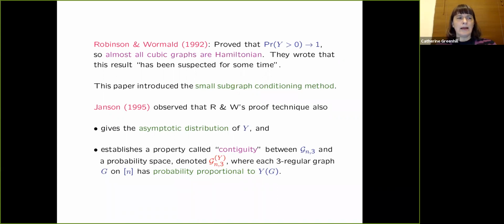It would be random 3-regular graphs on the one hand, uniformly random, the normal one. And on the other hand, 3-regular graphs where the probability that you see a graph is weighted by the number of Hamilton cycles it contains. So the probability of a particular graph is just Y(G), the number of Hamilton cycles in G, divided by the expected value of Y.